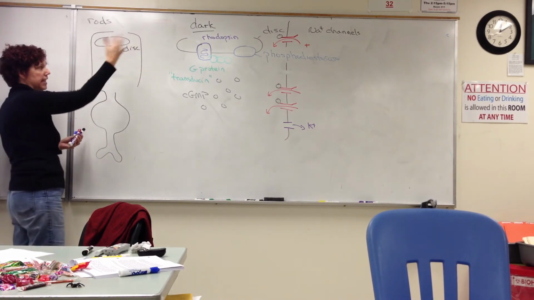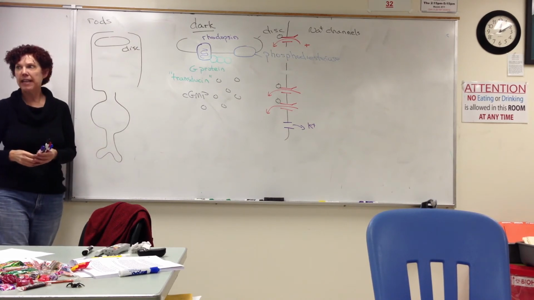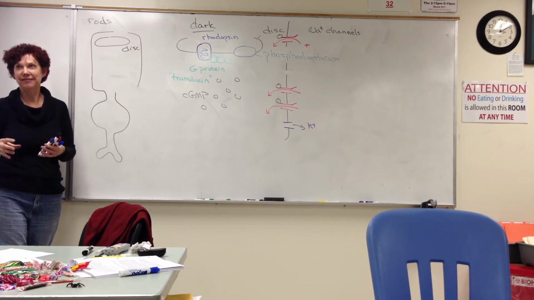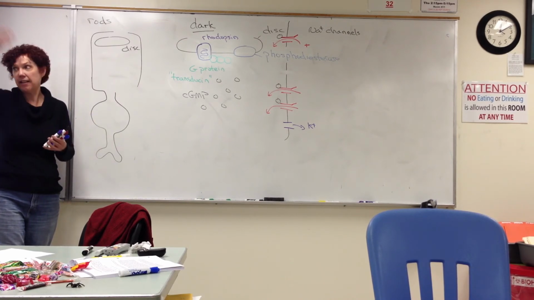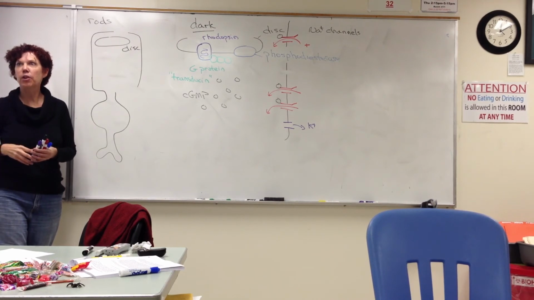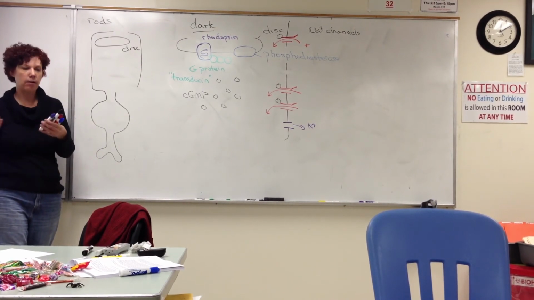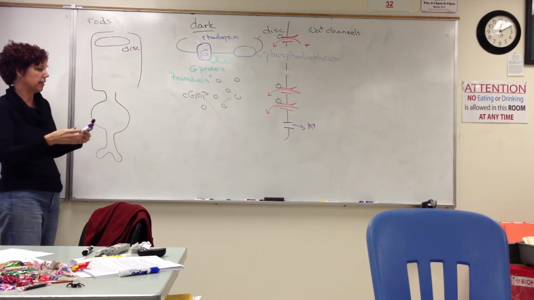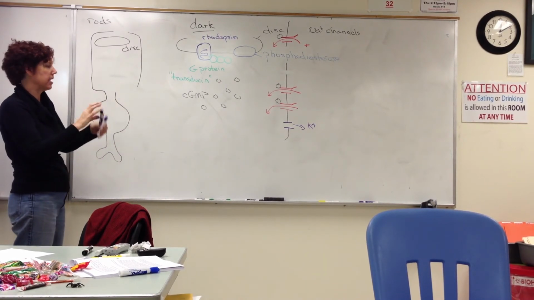So with all of these positive ions flowing into the cell, we create a graded potential. It's not an action potential, okay, because it doesn't reach over zero, and it's not opening our voltage-gated channels along the cell. But it's a graded potential.